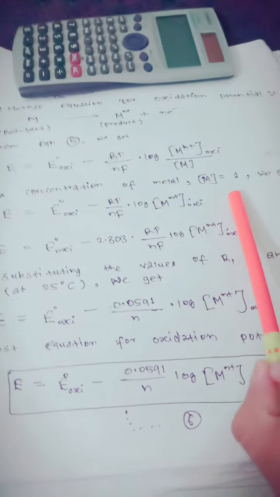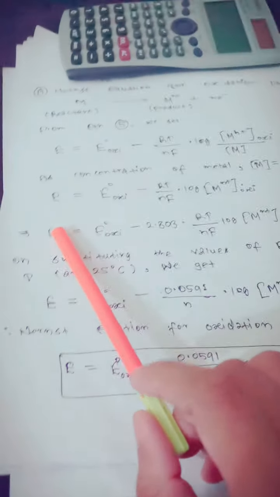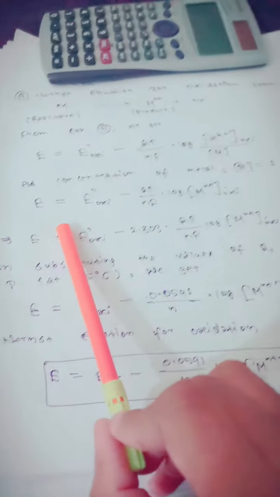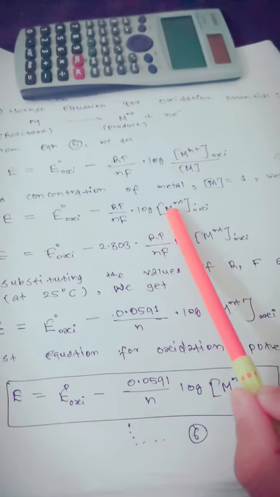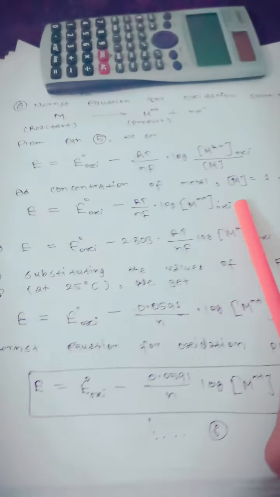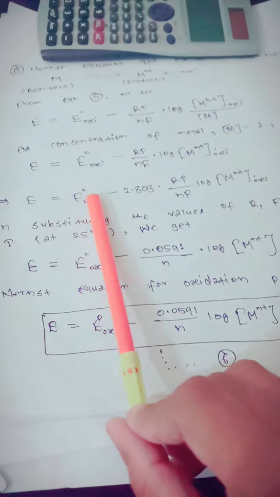So keeping the reactant value as 1, the above equation becomes E is equal to E naught oxidation minus RT by nF into log of M^n+ oxidation. So this is my next equation.